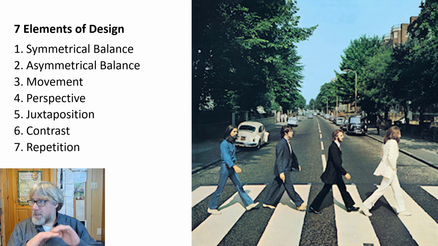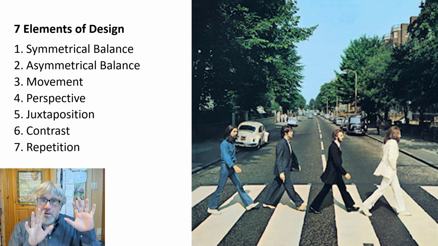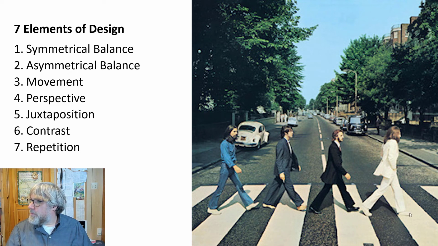So even though it's completely symmetrical in the sense that everybody's doing the same pattern, notice the left, right? See the feet? Yet it's completely different. It's non-repetitive. So there is some asymmetry, and it's not quite a straight line. The street bends a little bit. Abbey Road isn't perfectly straight because no street in England is perfectly straight.